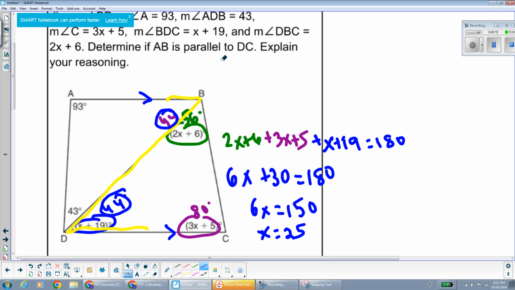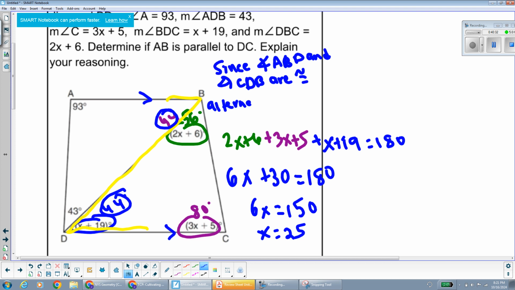Since angle ABD and angle CDB are congruent alternate interior angles, AB is parallel to DC.